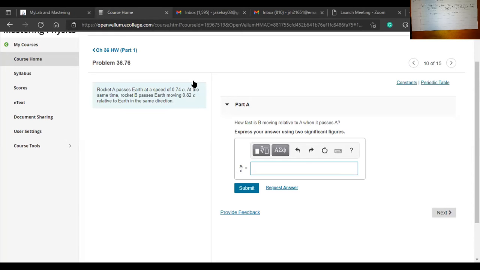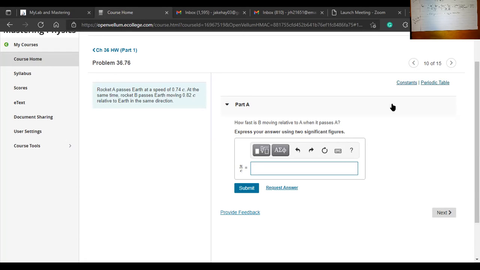So rocket A passes Earth at a speed of 0.74 C. It says VAE, I guess, and that's 0.74 C. At the same time, rocket B passes Earth, that's VBE, moving 0.82 C in the same direction. So this case is 0.82, also positive. How fast is B moving relative to A when it passes A?